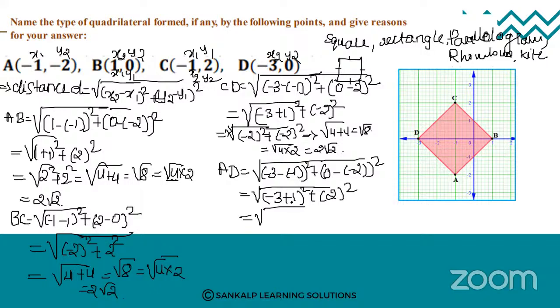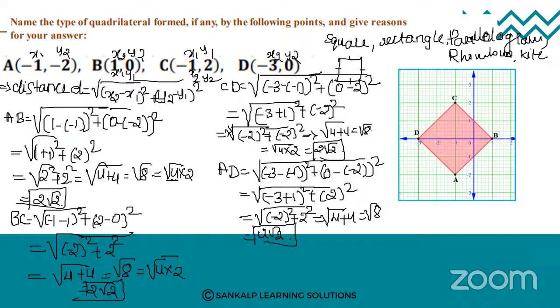So minus 3 plus 1, that is minus 2 square plus 2 square, that is 4 plus 4, you will get root 8, that is equal to 2 root 2. Yes, so observe carefully, all the sides are equal here. So AB is equal to BC is equal to CD is equal to AD. All the sides are equal.